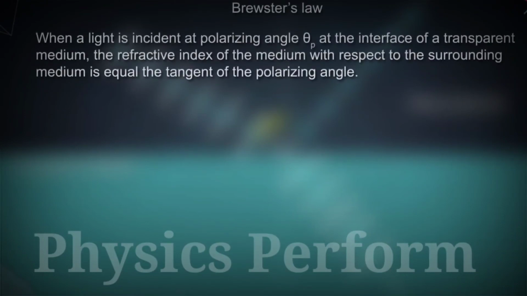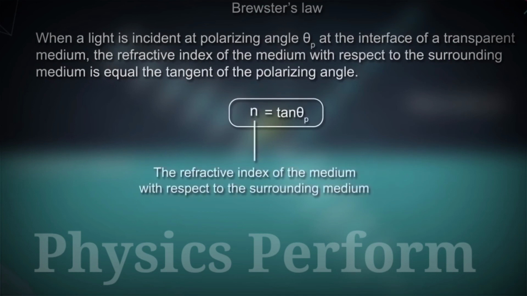Brewster's law states that when a light is incident at polarizing angle theta p at the interface of a transparent medium, the refractive index of the medium with respect to the surrounding medium is equal to the tangent of the polarizing angle. That is, n = tan theta p, where n is the refractive index of the medium with respect to the surrounding medium.